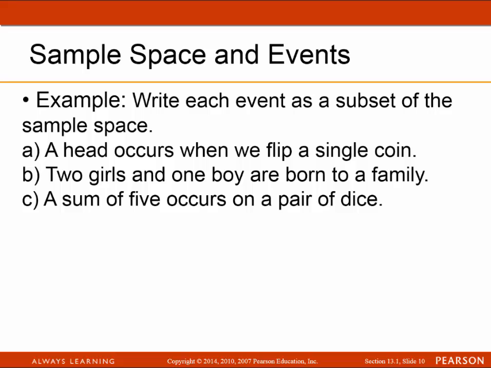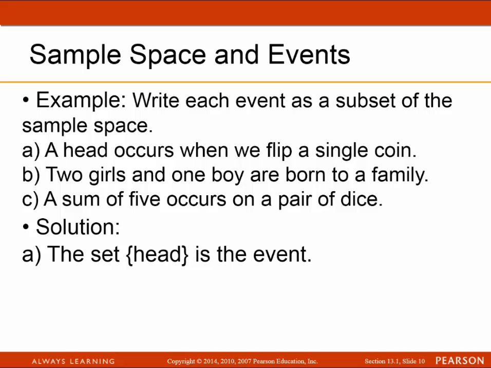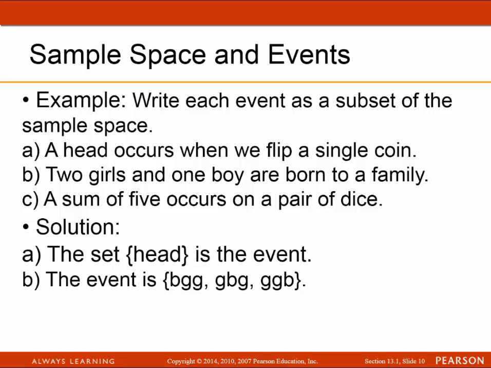The first one, a head occurs when we flip a single coin. 2 girls and 1 boy are born to a family, and the sum of 5 occurs on a pair of dice. So the solution for the first one is that the set head is the event, because we're only going to flip a single coin. Now, the next one is the event is boy, girl, girl, girl, boy, girl, or girl, girl, boy.